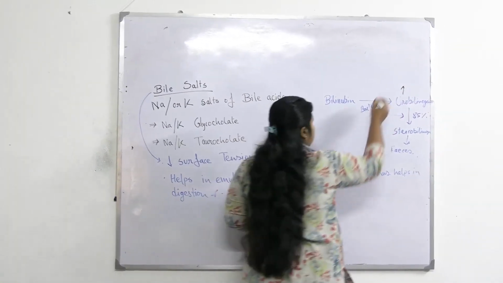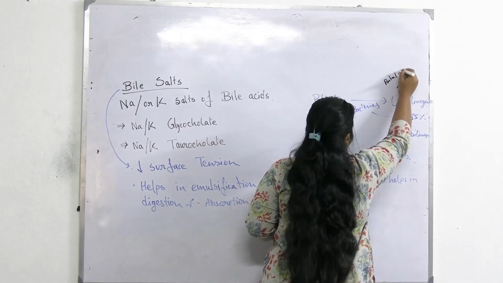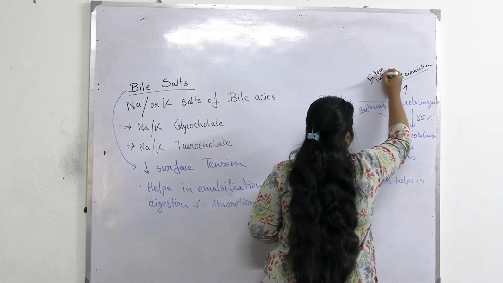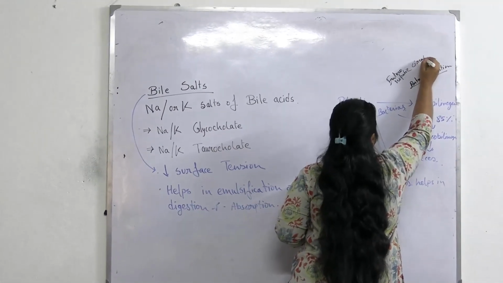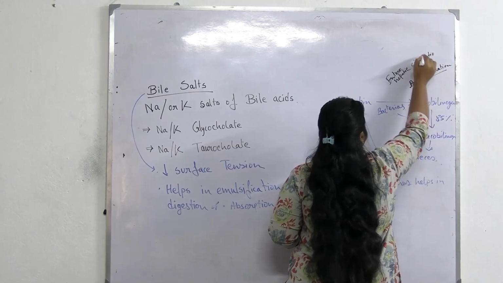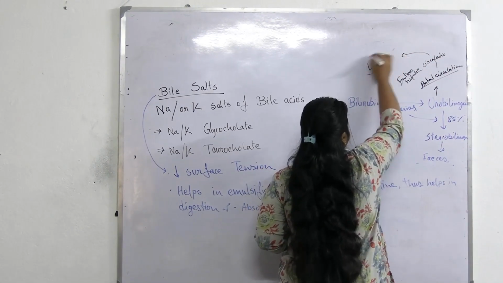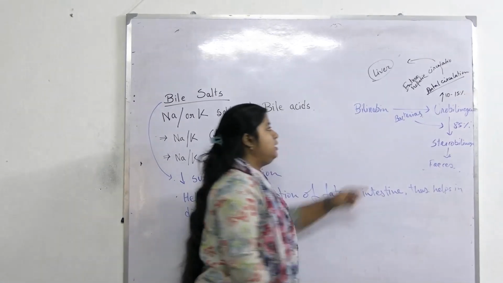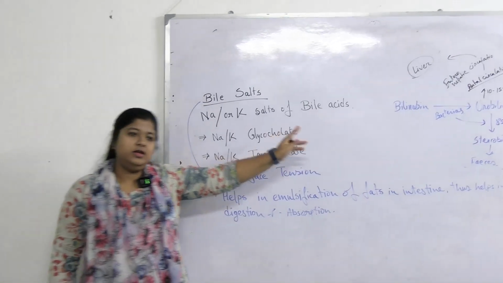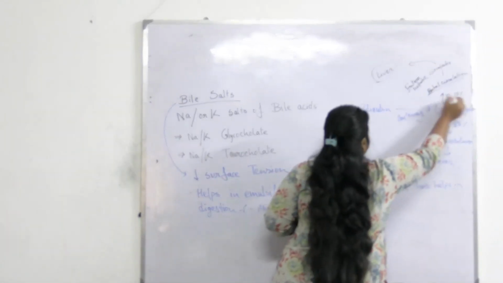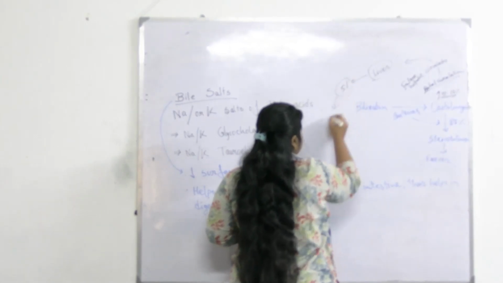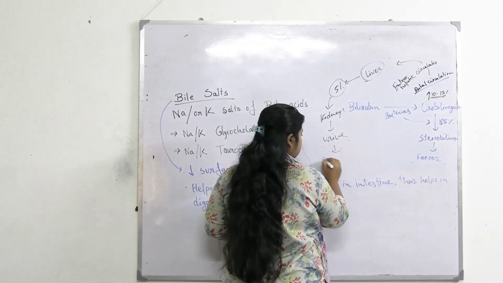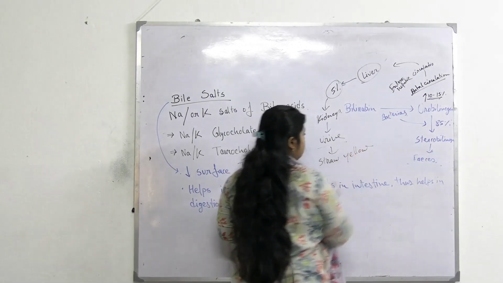It is reabsorbed by portal circulation, or enterohepatic circulation, and transported back to the liver. So 10 to 15% of this urobilinogen from the gut is reabsorbed and transported back to the liver, and of this 10 to 15%, 5% of urobilinogen is excreted by our kidneys through urine, and gives the straw yellow color. Okay.